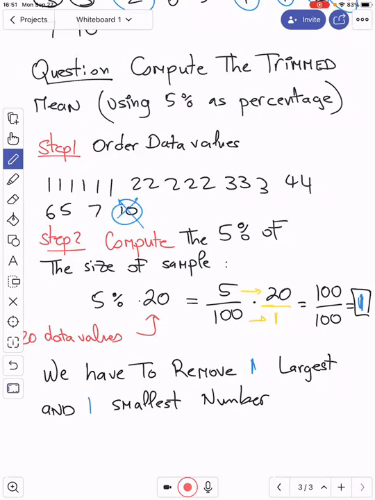And the smallest number is 1, so we have to remove 1. Just 1, of course.